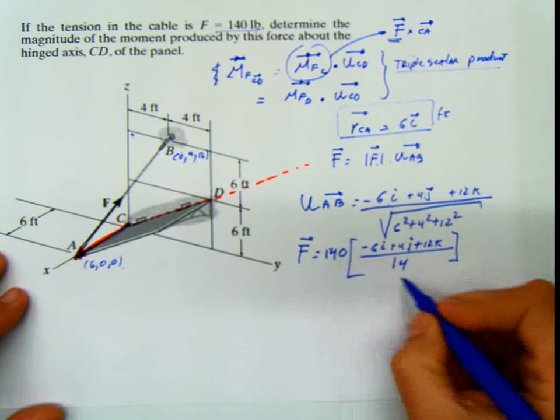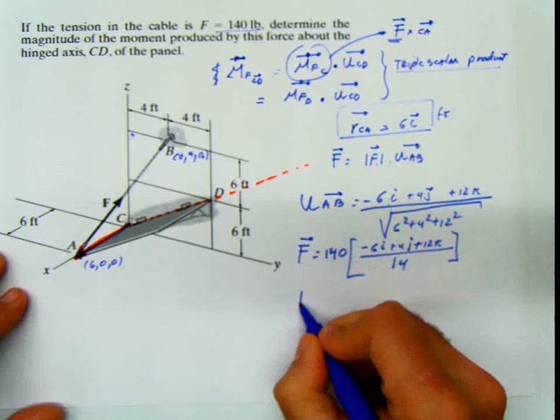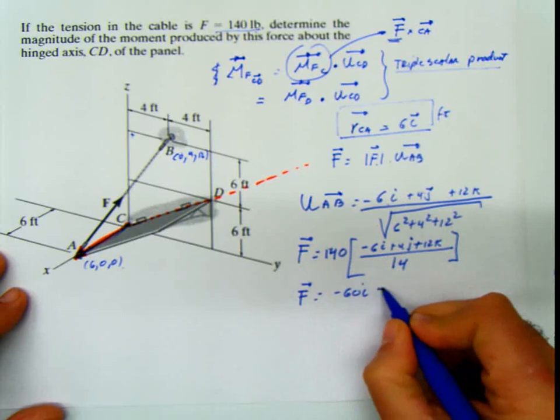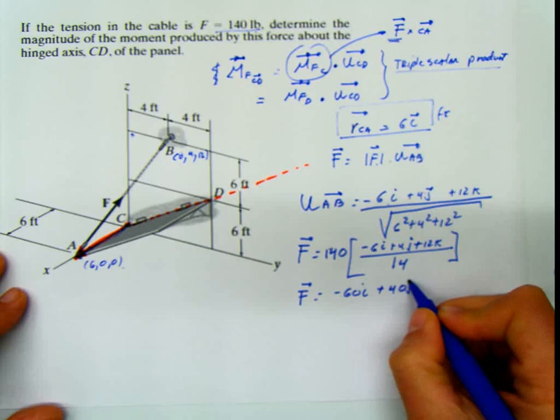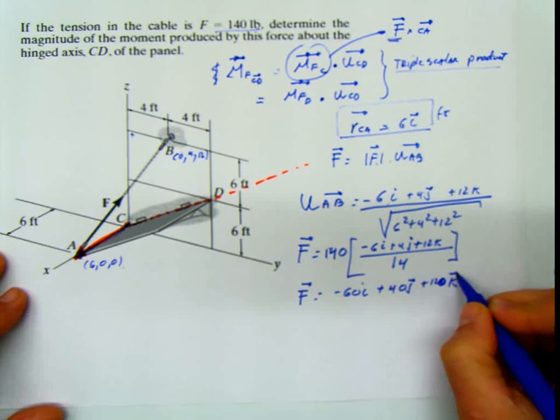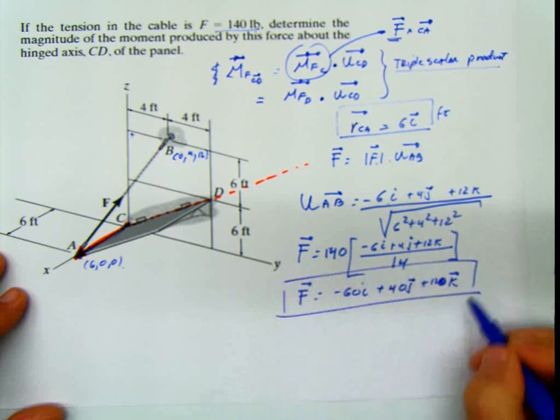So basically this is going to be 10 times 6, negative 60i plus 40j plus 120k, okay, and that's my force F.